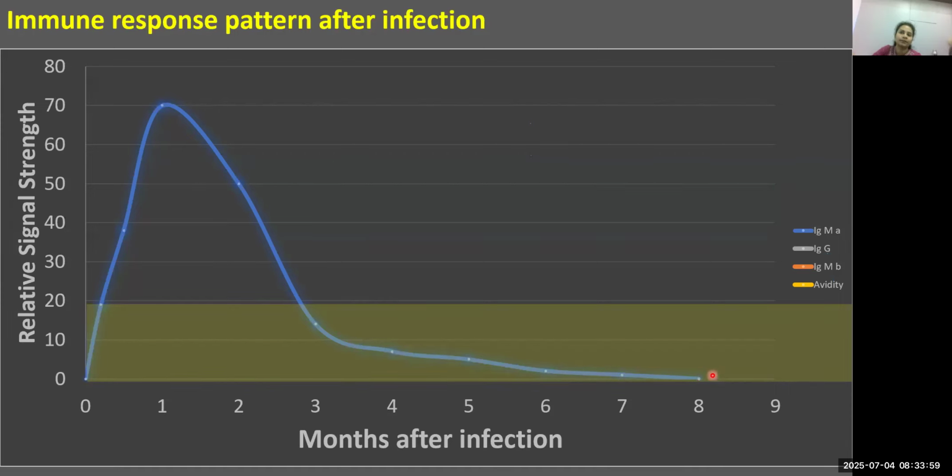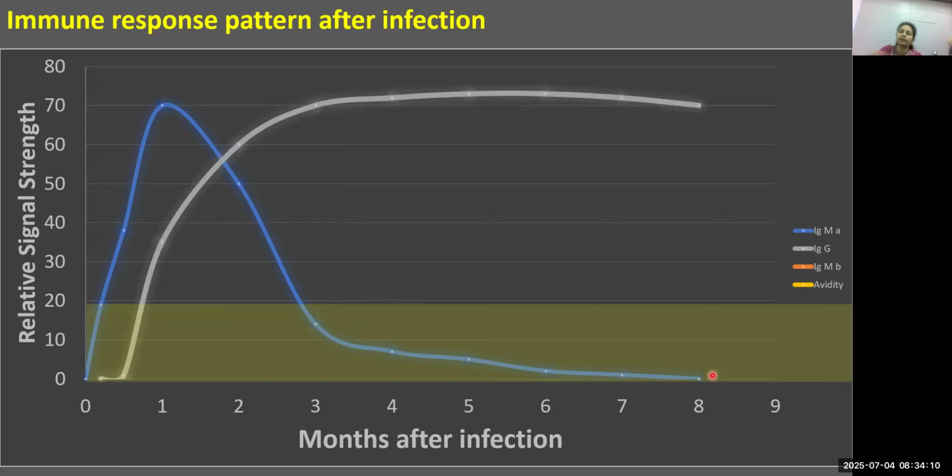The yellow band is the threshold of where the lab will call it present, positive. Whereas the IgG starts increasing around 2 to 3 weeks after the infection, gradually increases, peaks around 3 months, and then it plateaus and stays lifelong.